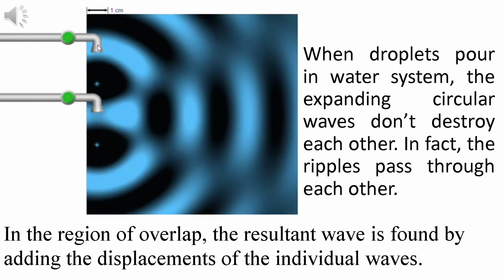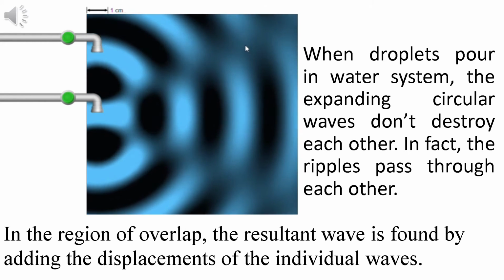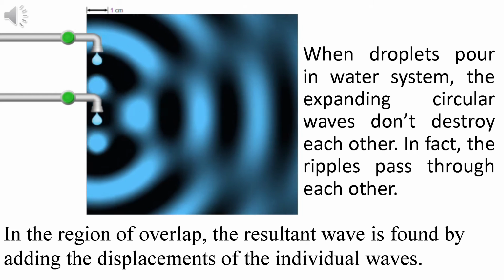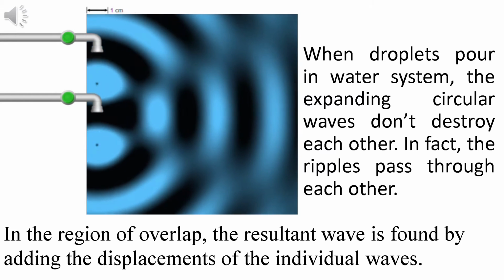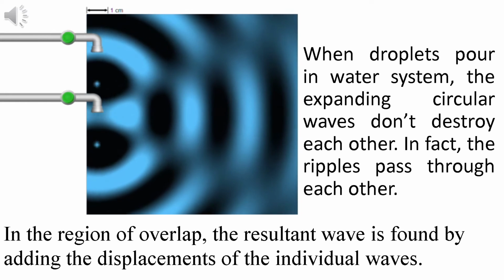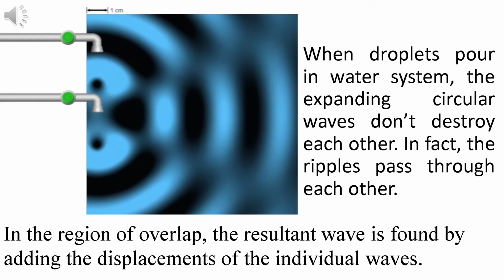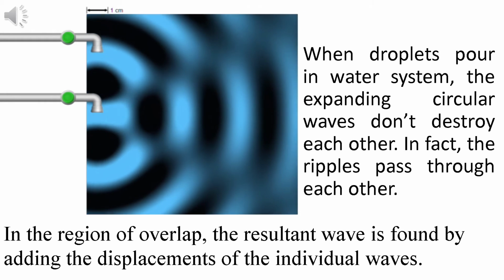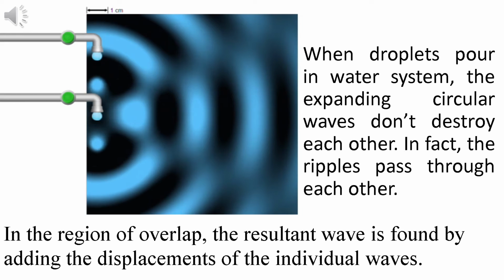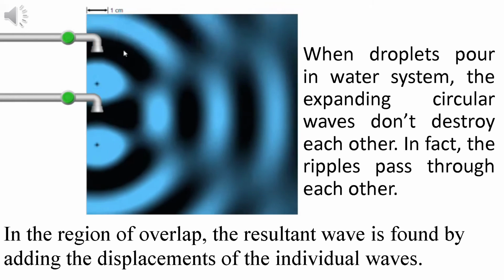So as you could see from the video, 'di ba? Yung droplets, 'yan ay tumulo sa water system. Ito yung water system natin. So then nagkaroon ng expansion of circular waves nung tumulo or tumama yung droplets dun sa water.